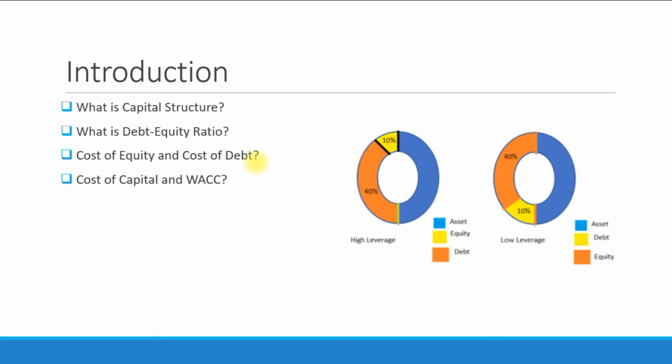In CAPM or capital asset pricing model, in order to calculate cost of equity, a company's beta is multiplied by its market risk premium and is then added to the risk-free rate. In dividend capitalization model, cost of equity is equal to dividends per share divided by current stock price, which is added to dividend growth rate.